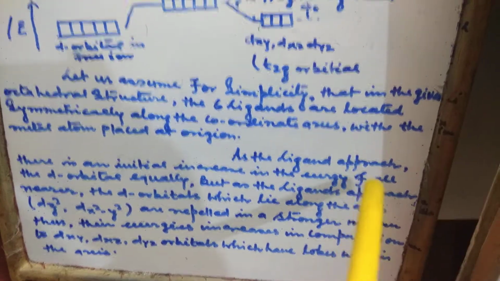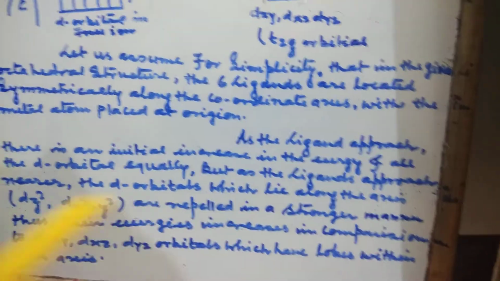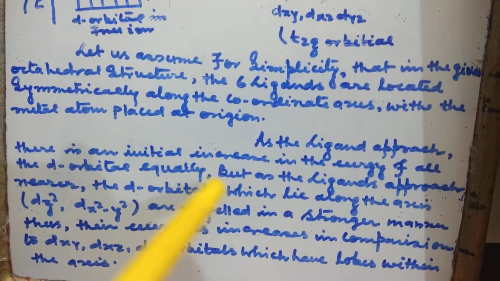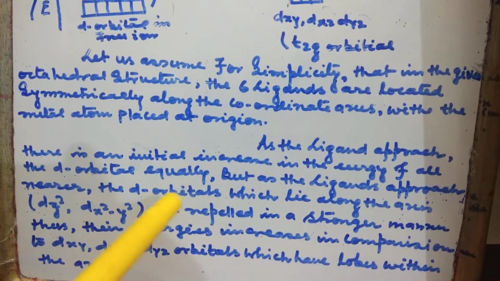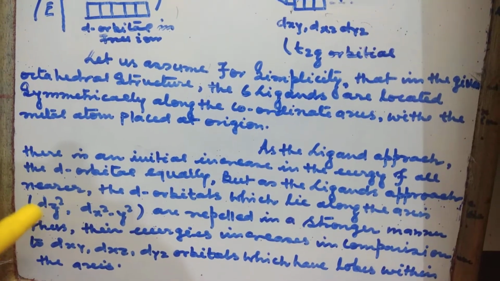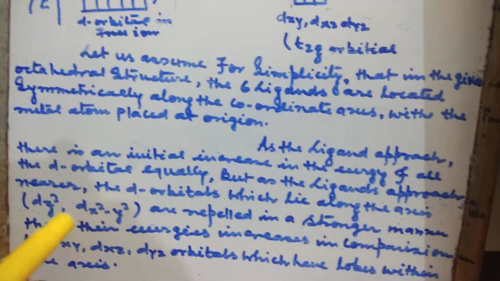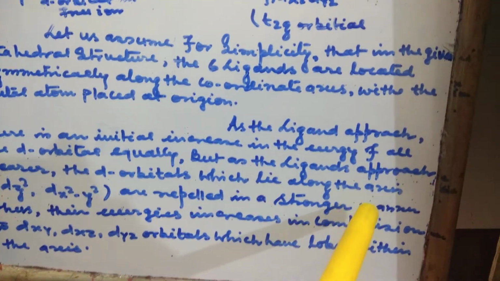As the ligands approach, there is an initial increase in the energy of all the d orbitals equally, but as the ligands approach nearer, the d orbitals which lie along the axis, that is dz square and dx square minus y square, are repelled in a stronger manner.